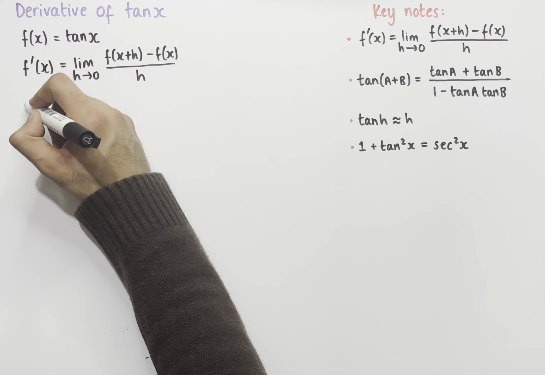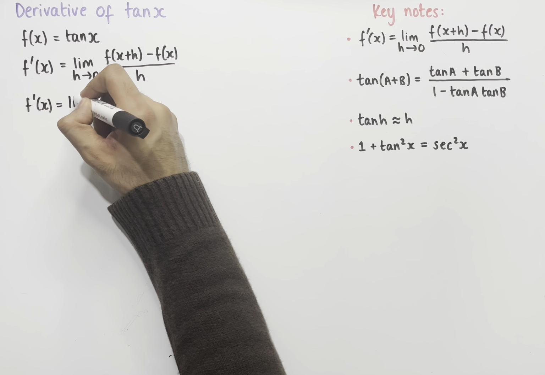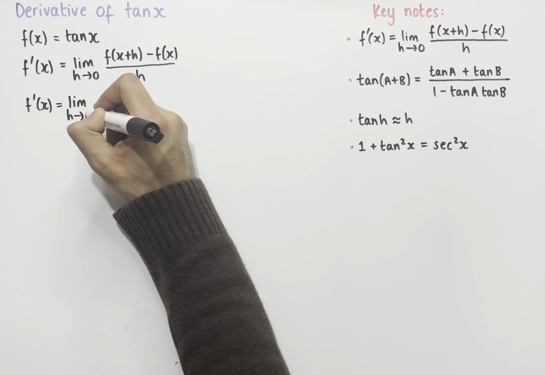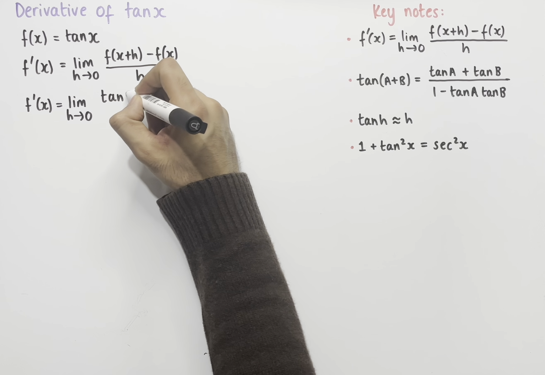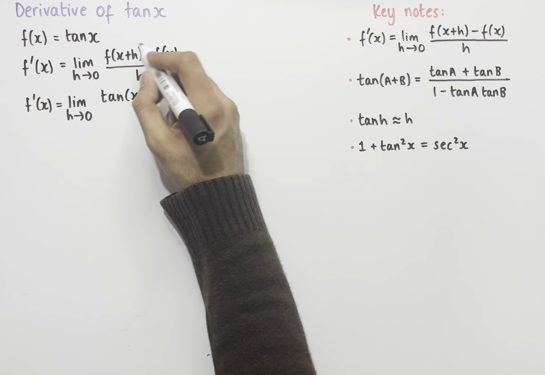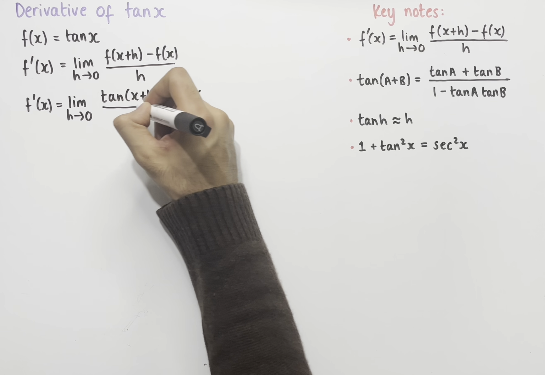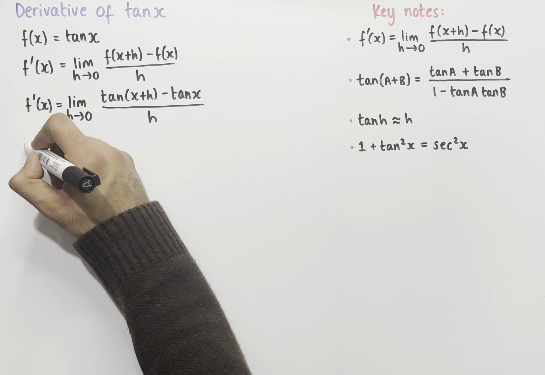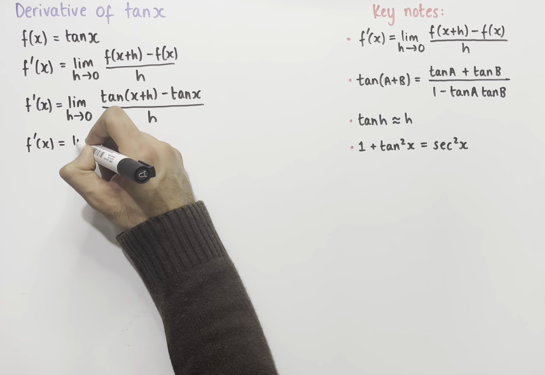And so we now have that f dash of x equals the limit as h tends to 0, and now f of x plus h is equal to tan of x plus h minus f of x, which in this case is minus tan x, all over h. Now we can write this as f dash of x, which equals the limit as h tends to 0.